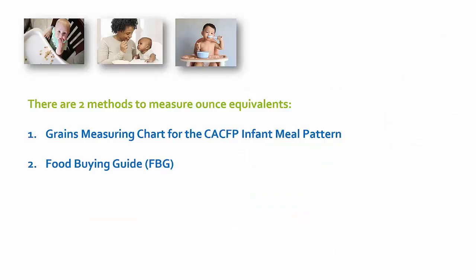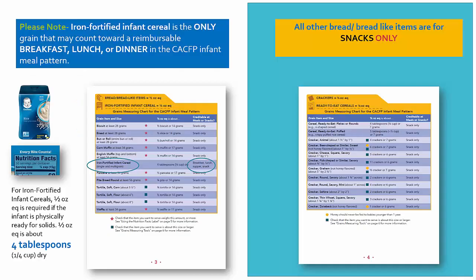There are 2 methods to measure ounce equivalents. Method 1 is the grains measuring chart for the CACFP infant meal pattern, and method 2 is using the food buying guide. Please note, iron fortified infant cereal is the only grain that may count towards a reimbursable breakfast, lunch, or dinner in the CACFP infant meal pattern.